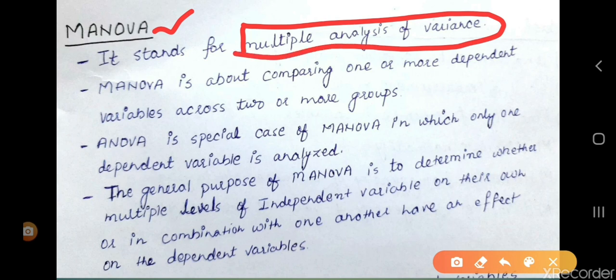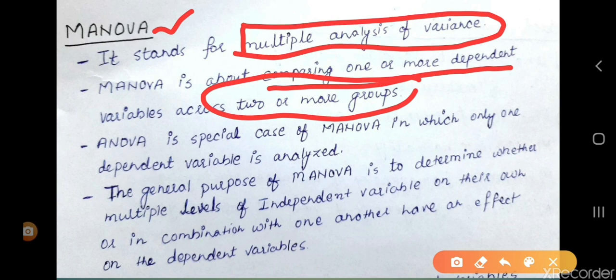It is all about comparing the variance of one or more dependent variables across more than two groups. ANOVA is a special case of MANOVA in which only one dependent variable is analyzed. In ANOVA, we were analyzing only one dependent variable.